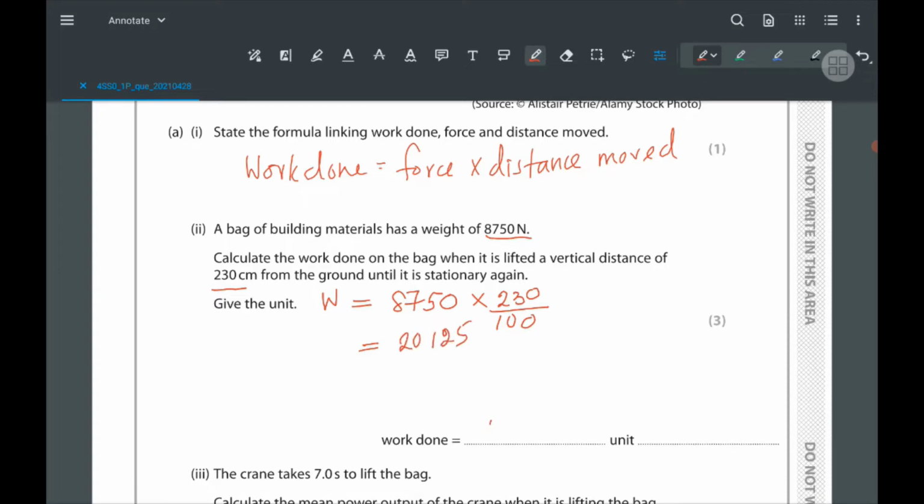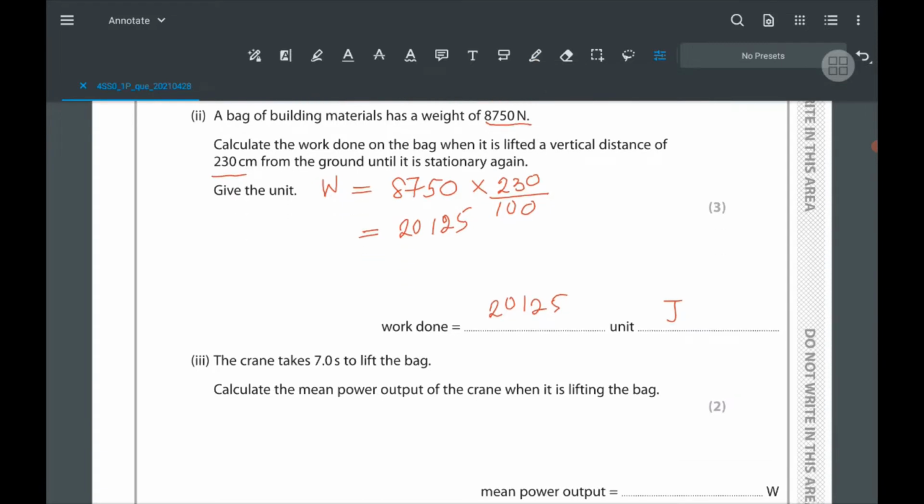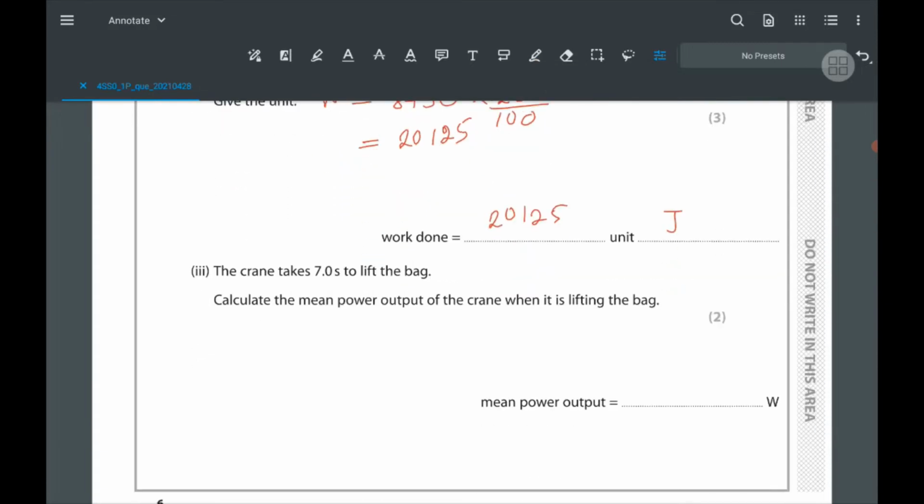So I'm writing that answer here. Write the units, newton meters, or you can say joules. Now if by any chance you have multiplied this with 230, your unit here should be newton centimeters, not joules. So you are getting 3 marks for substitution, correct answer and the correct unit.